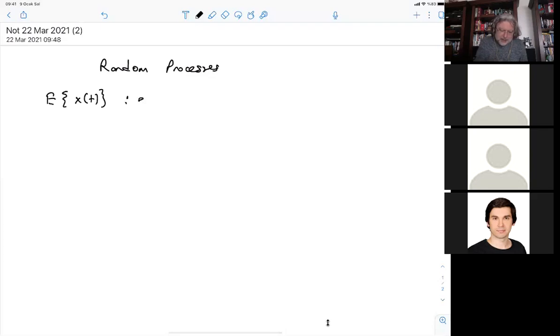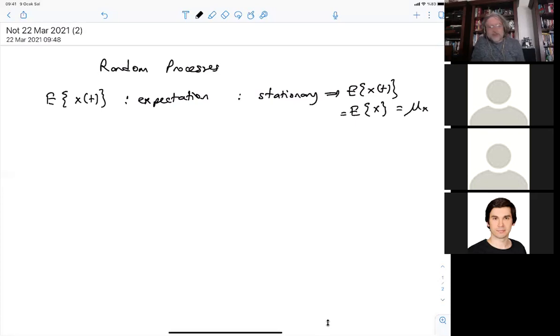This is the expectation of the random process x of t, and it generates a time varying expectation. Because x of t is a time varying signal, it is just a random signal, but it doesn't have to be stationary. If it is stationary, then expectation of x of t becomes expectation of x, which can be represented as the mean of x, of course.